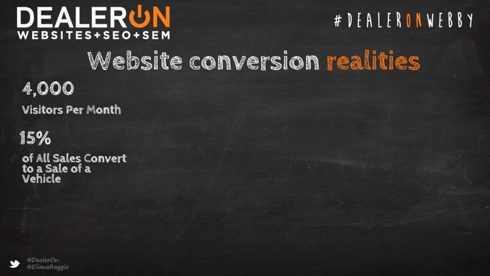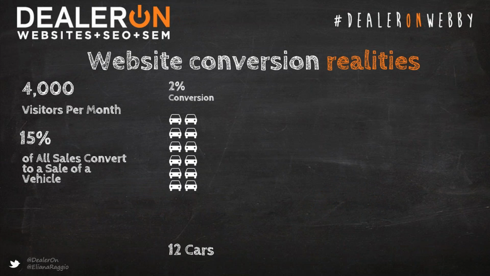When you begin putting monetary figures to that, figuring out how valuable a higher converting site is to a dealership, you think the average dealership in the United States, the average franchise dealer, gets about 4,000 visitors per month. If you have a 2% conversion for that traffic, that's about 80 website leads.